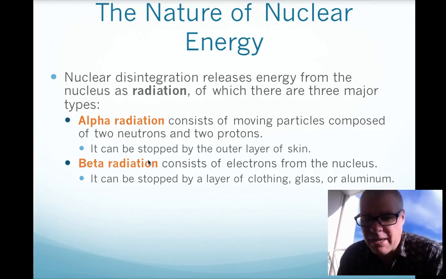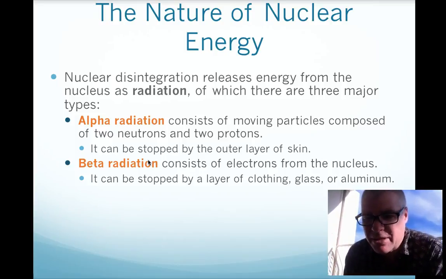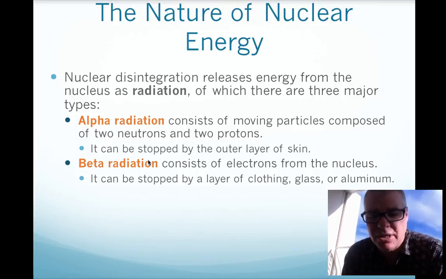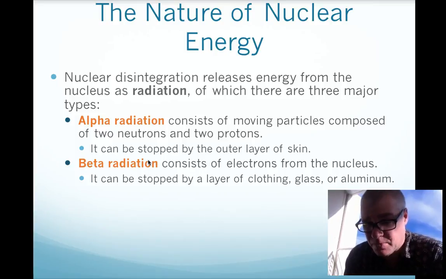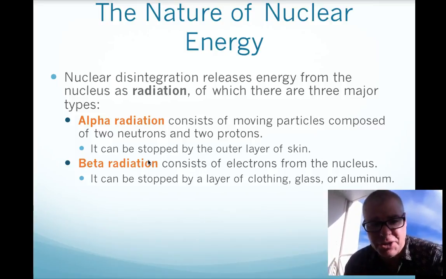Now, one type of waste that is particularly kind of insidious or problematic is nuclear waste. And to understand how nuclear hazardous waste occurs, we have to understand that there are basically three kinds of radiation that get emitted from nuclear materials: alpha, beta, and gamma.